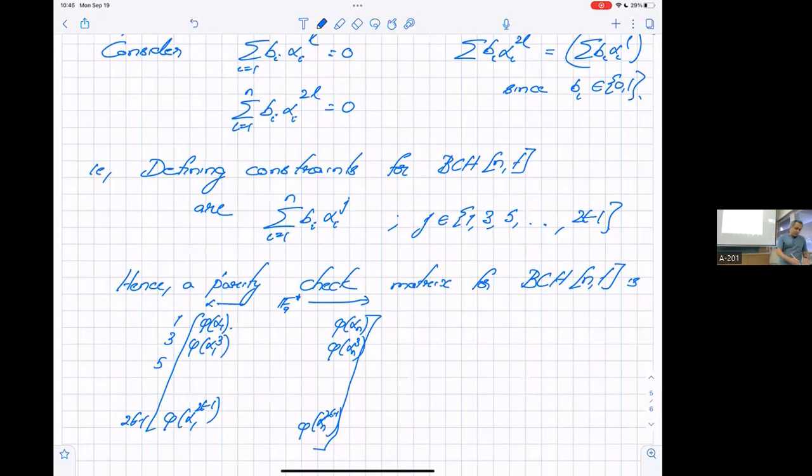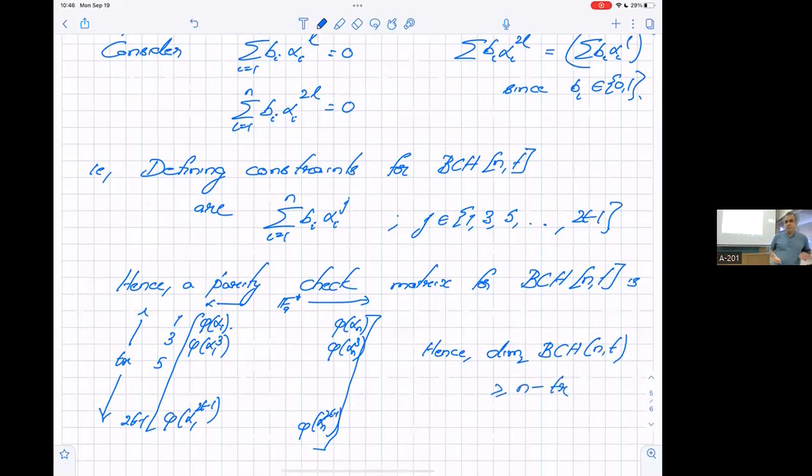In some sense, this is a tr times n parity check matrix, and hence the dimension over GF(2) of BCH is at least n minus tr.